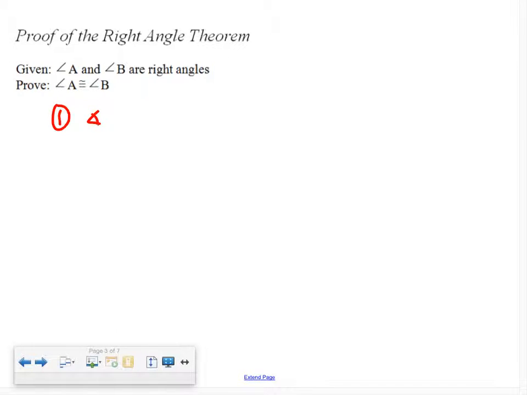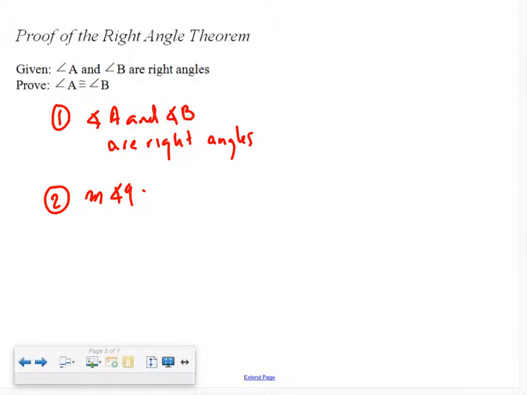Statement number one, angle A and angle B are right angles. Statement 2, the measure of angle A equals 90 and the measure of angle B equals 90.